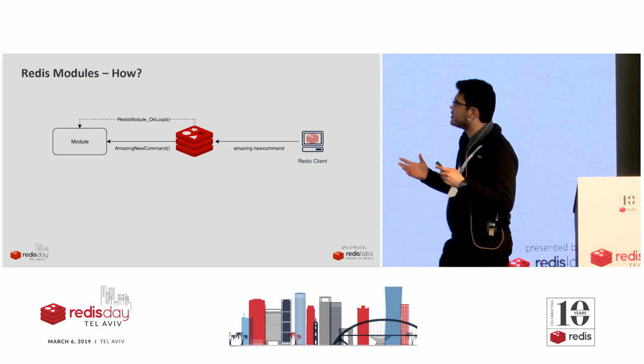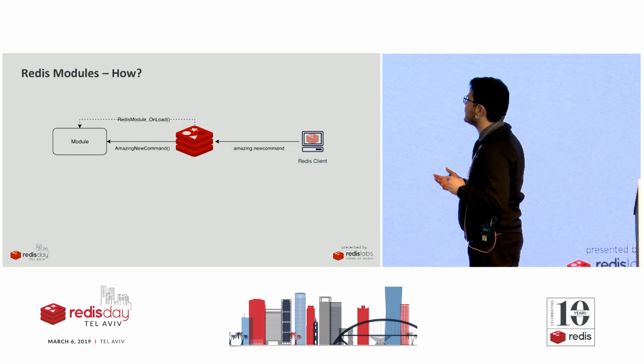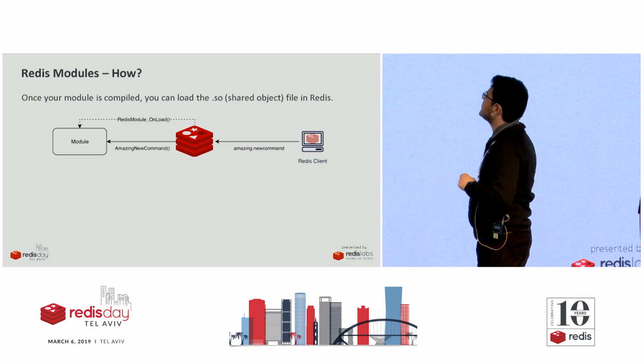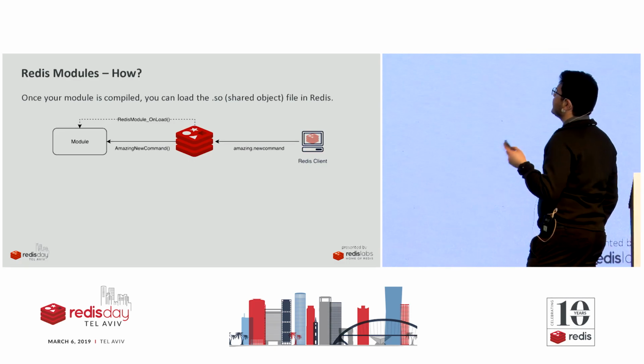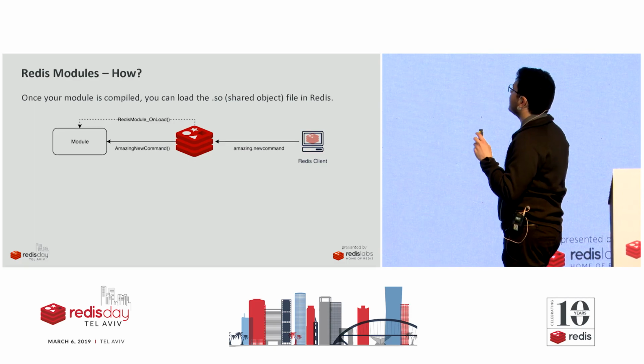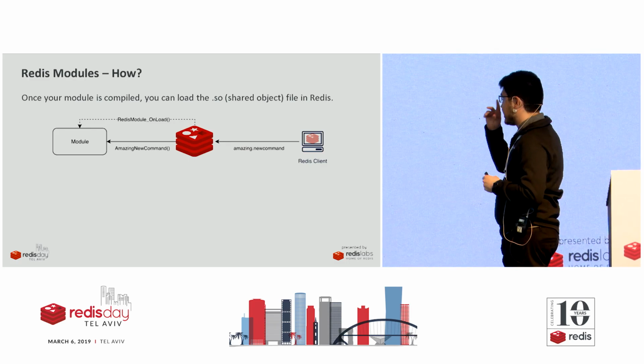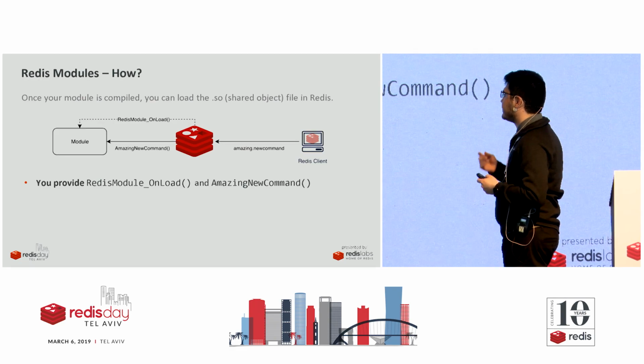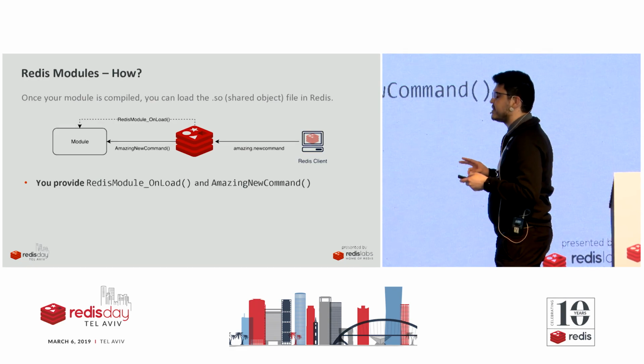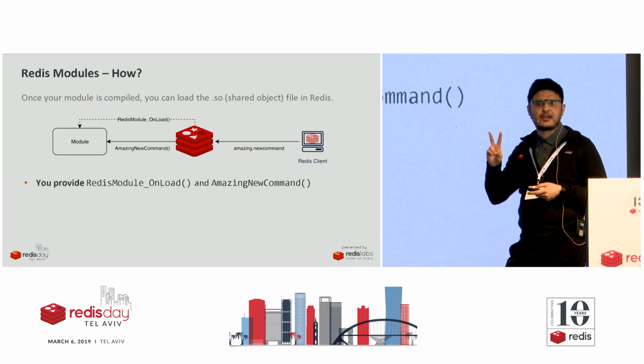The way Redis modules work and interact with Redis is basically that once you compile your module, you create a shared object file, and Redis can then load this shared object file. And inside of it, you need basically to provide the implementation of two functions.